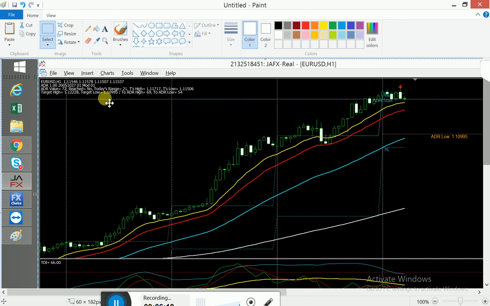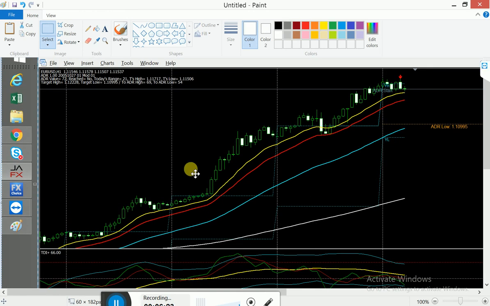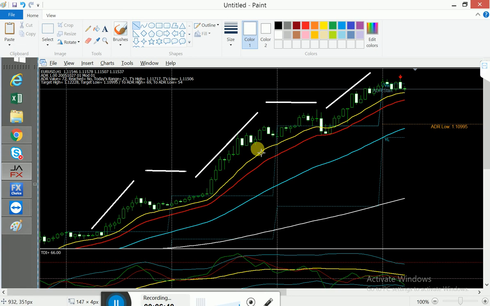Here's the week: Monday, Tuesday, Wednesday. We're in Thursday now. Monday, Tuesday, Wednesday. These are the same levels we just saw on the 4-hour chart.